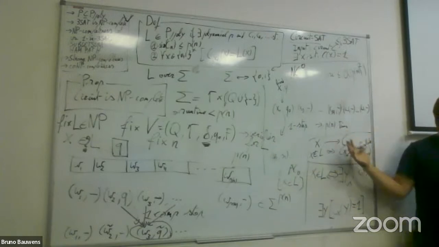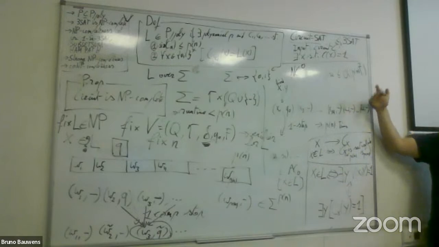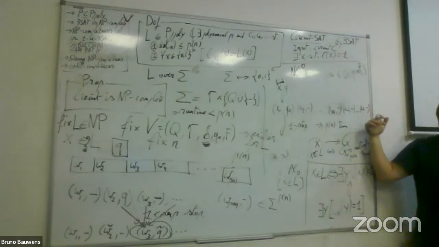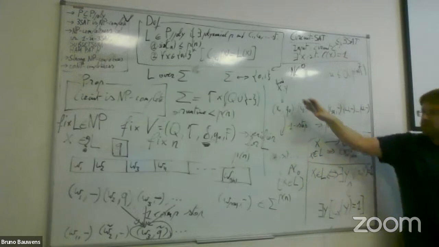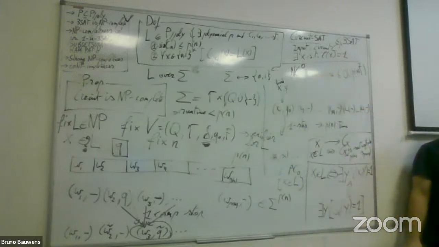And we can do all this in polynomial time because the size of the circuit is polynomial, and it's an extremely boring circuit. Most of the time the same gate is repeated, and the first and the last layer are also easy. So for any NP problem, we build the verifier.